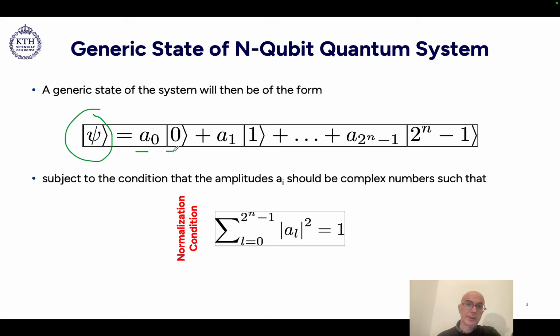As for the single qubit and two qubit systems, these amplitudes must be normalized. They are complex values, and if we take the modulus and square it, the sum must be 1. The reason for that is that these amplitudes are related to the probability of observing a certain state.